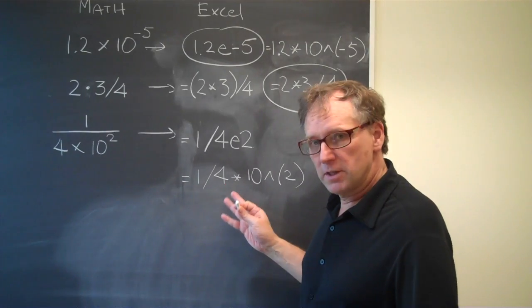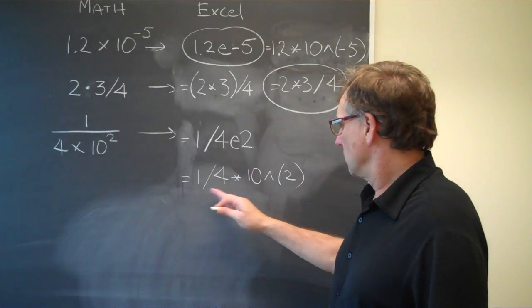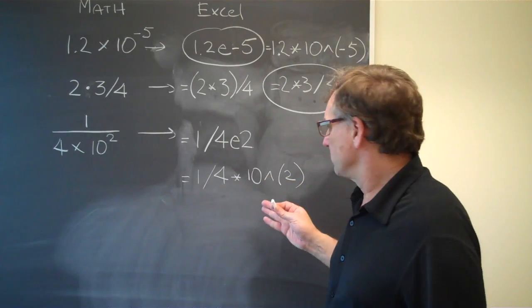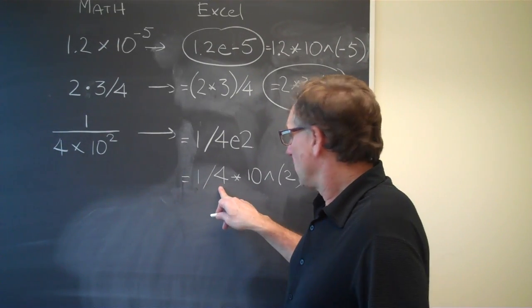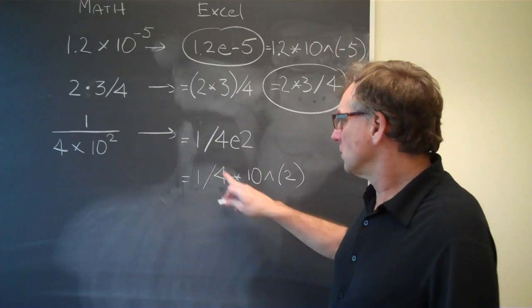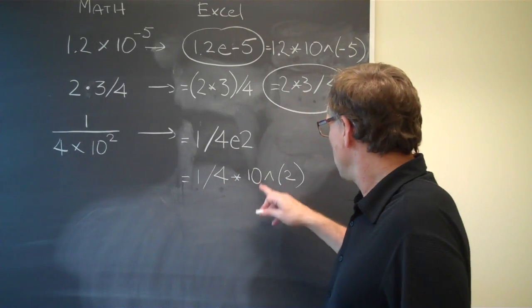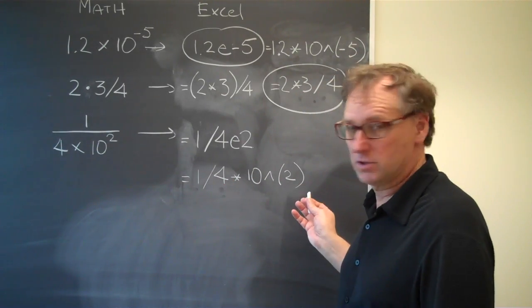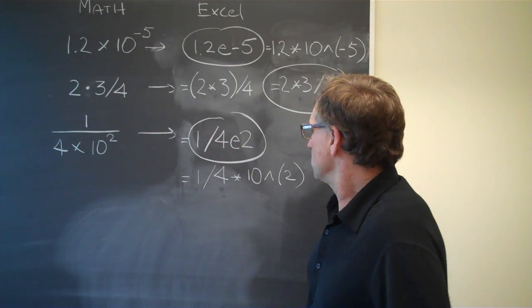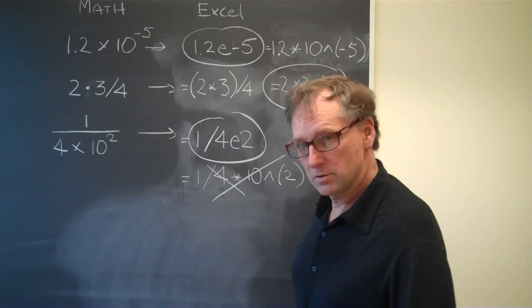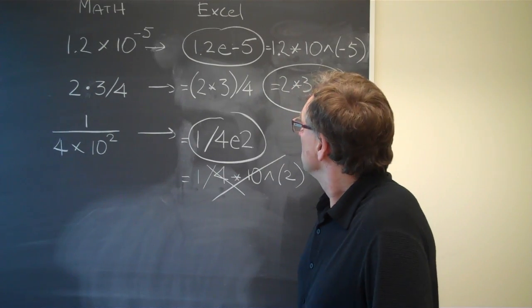There's another problem with this one: not only is it longer, it's actually wrong, because what Excel will do is take 1, divide by 4, and then multiply that entire result by 10 squared, which is the wrong answer. So this is the one that we want, and this one is actually just flat out wrong.